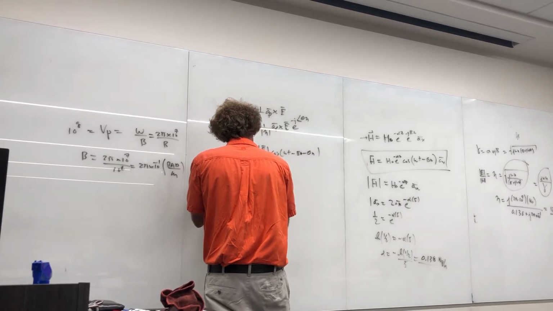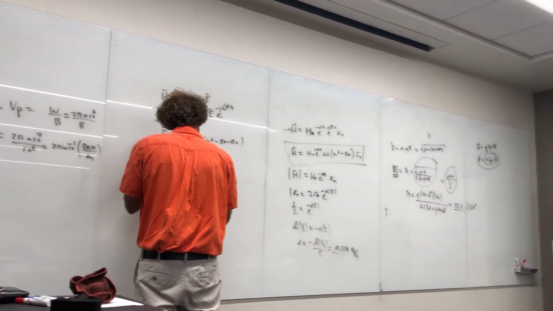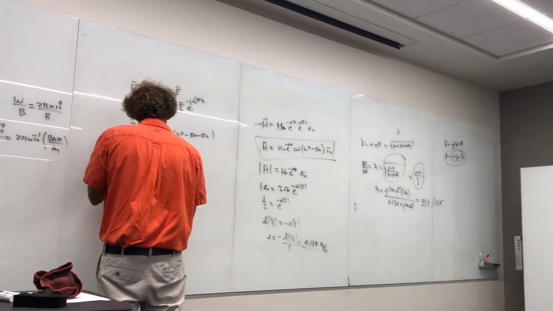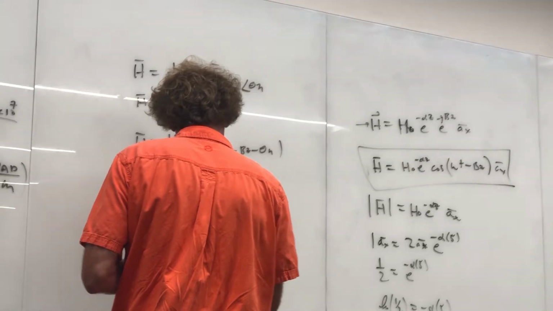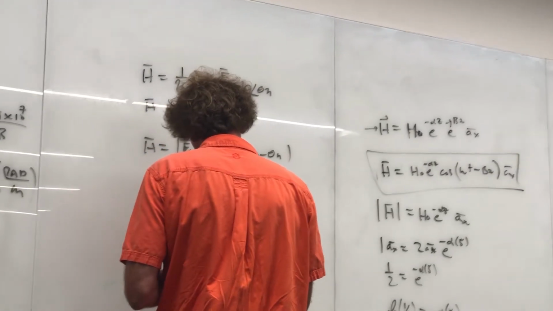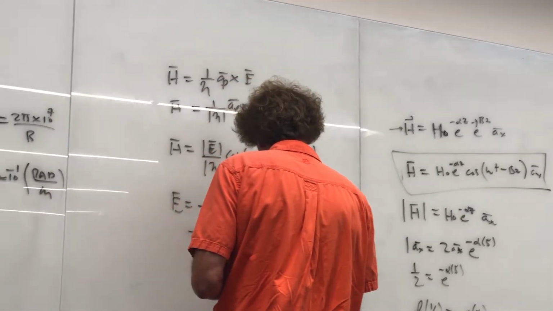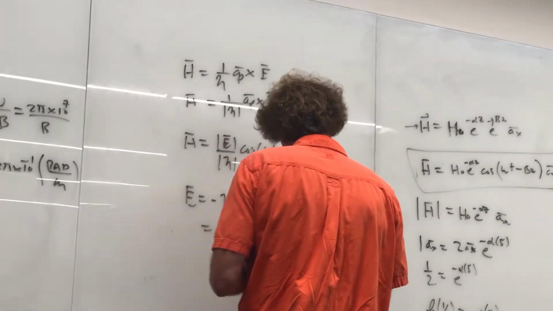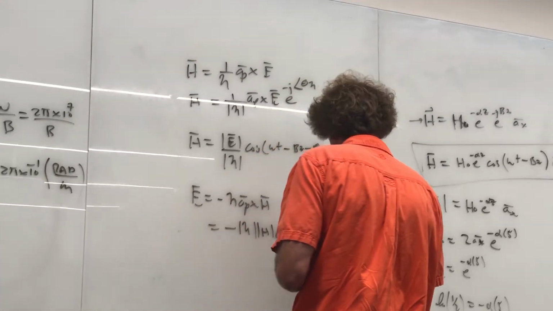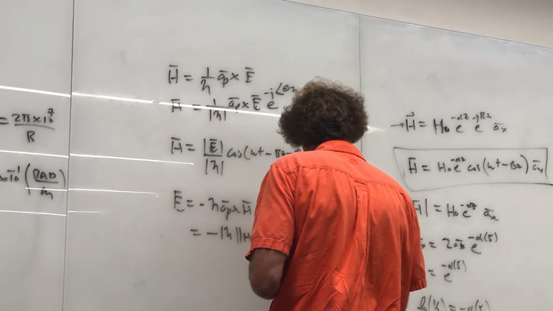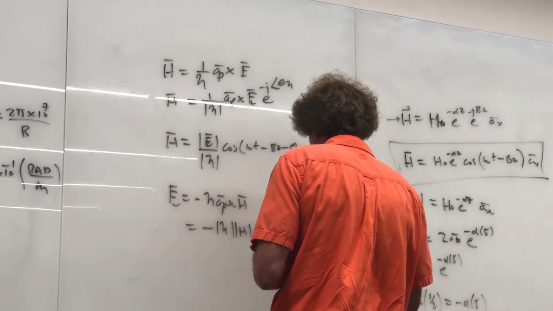Now for the E field is minus eta, a rho, crossed into H, and that means this becomes minus magnitude of eta, and then it's going to be times magnitude of H right here, and it'll be cosine of omega t minus beta z, and it's going to be plus the phase angle, plus e to the j phase angle of eta right there.